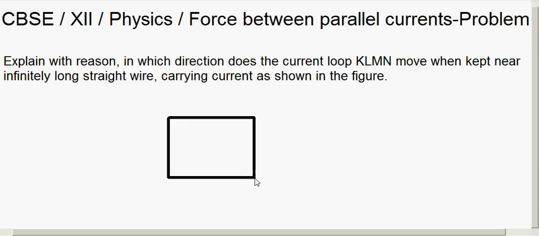We have a square loop which carries current, and KLMN is the loop.